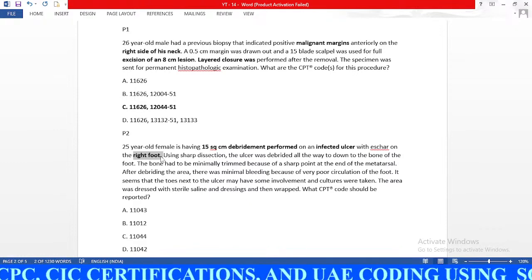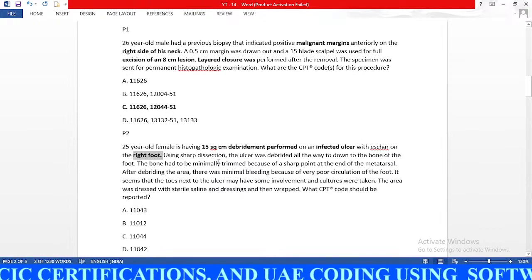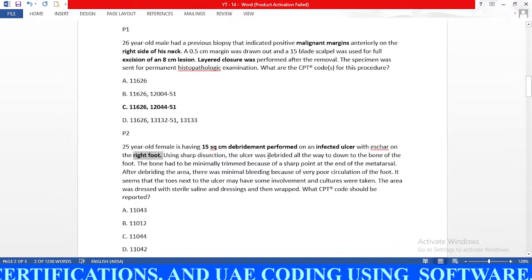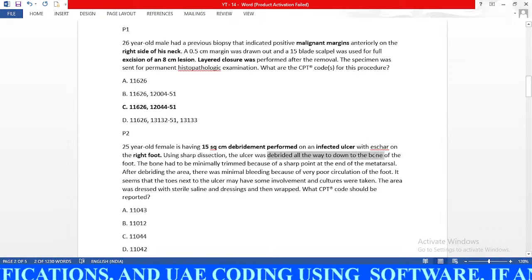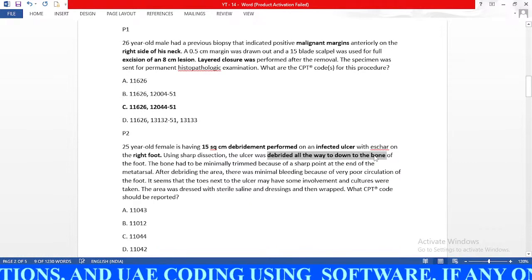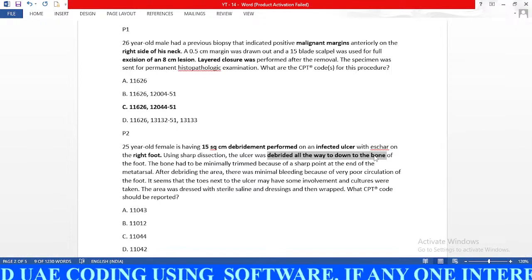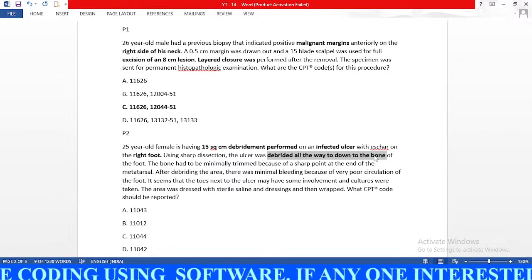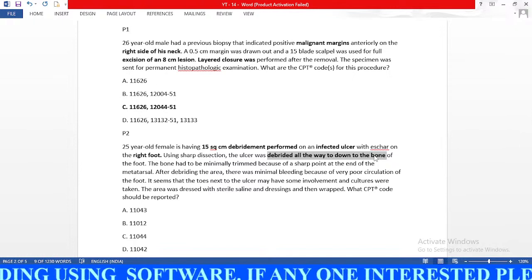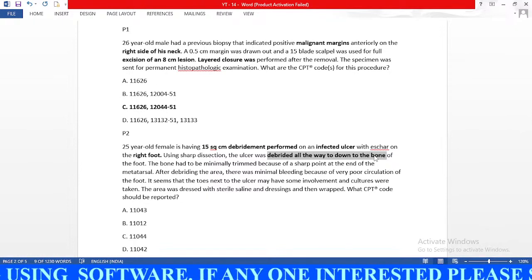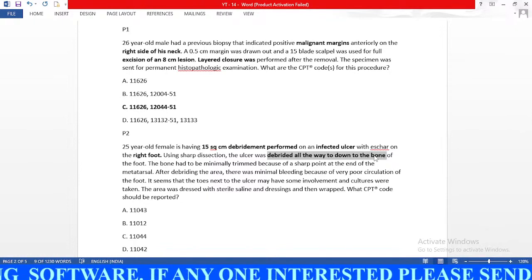Thank you, Prasanjit. Using sharp dissection, the ulcer was debrided all the way down to the bone. In debridement, one of the most important interview questions, as well as the keyword, is how much debridement is done. What is the depth? Is it skin level, muscle level, or bone level?